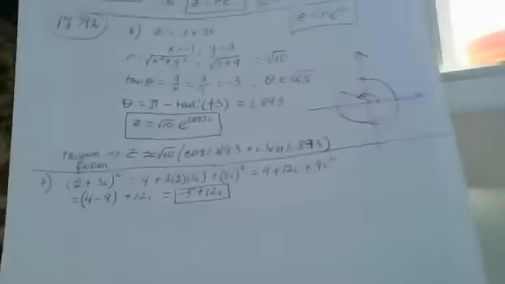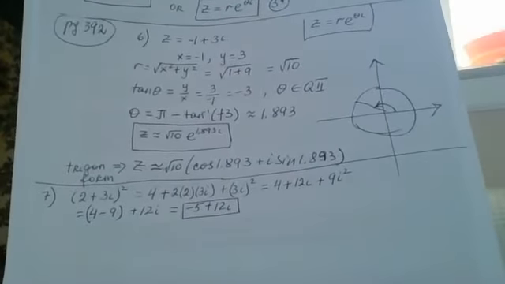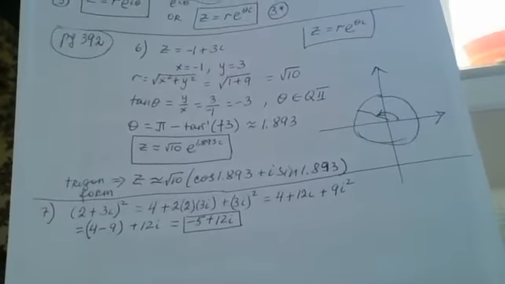So the final answer here is 4 minus 9 is -5 plus 12i, and that's it. I don't need to convert this into any other form because I got my answer in the algebraic form of that complex number.